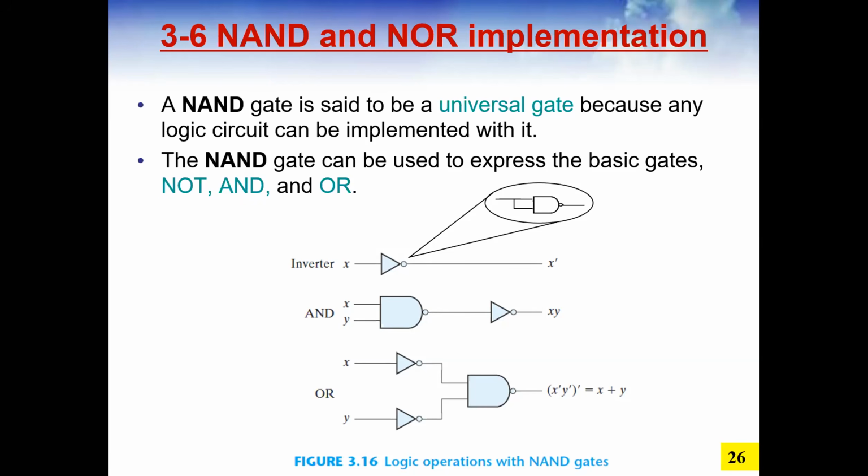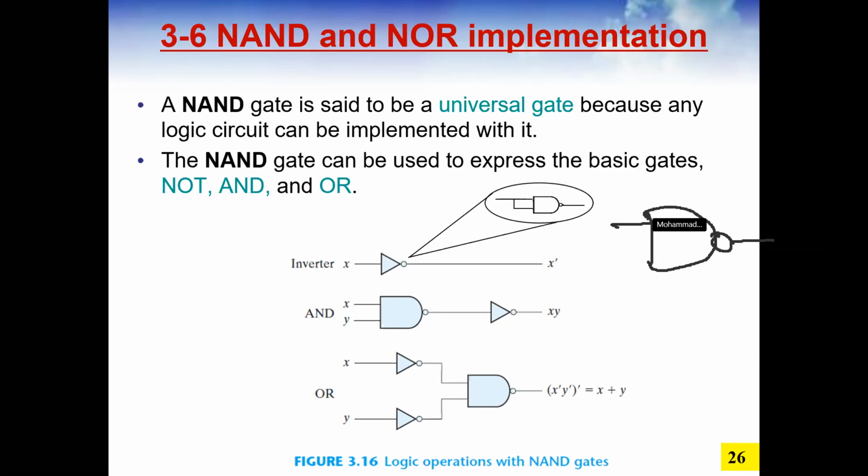Sufficient. Look at this now. We know the NOT gate, and this is the symbol of the NAND gate. This is called the NAND gate symbol. I am showing a two-input NAND gate.